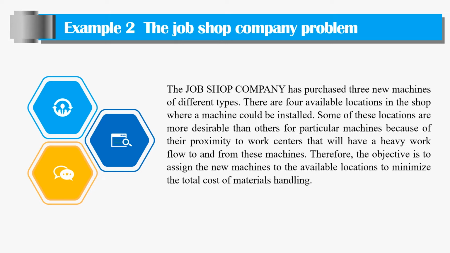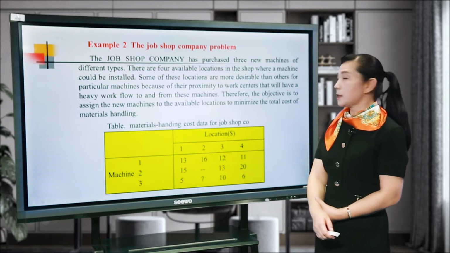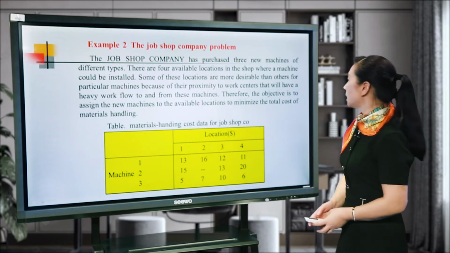Therefore, the objective is to assign the new machines to available locations to minimize the total cost of materials handling. And the information of this problem is listed in this table.